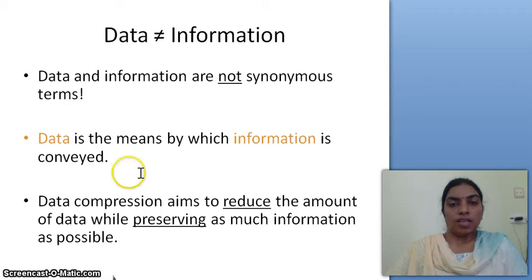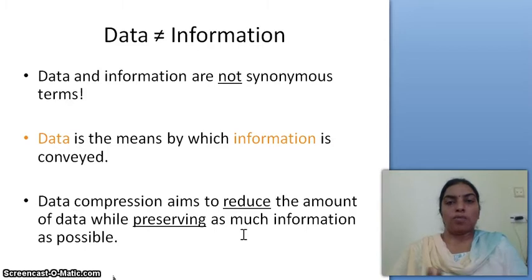So if we convey the data with a smaller number of bits, that is nothing but compression, without change in the information, right? That is our main aim. Data compression aims to reduce the amount of data while preserving as much information as possible.